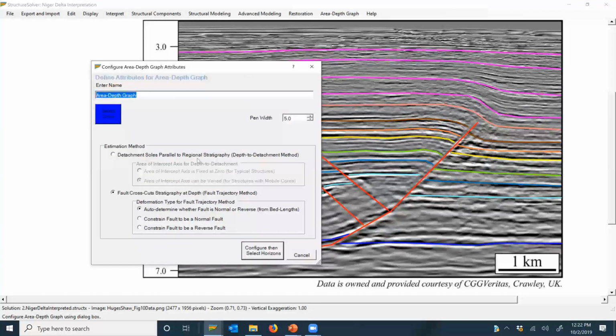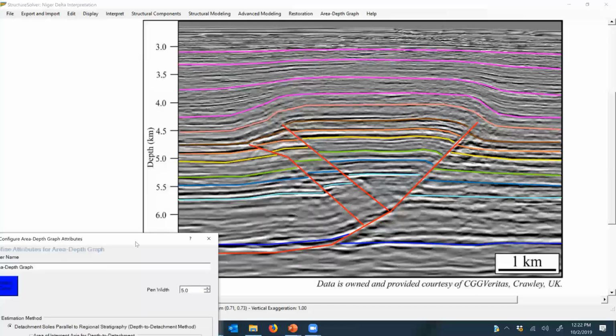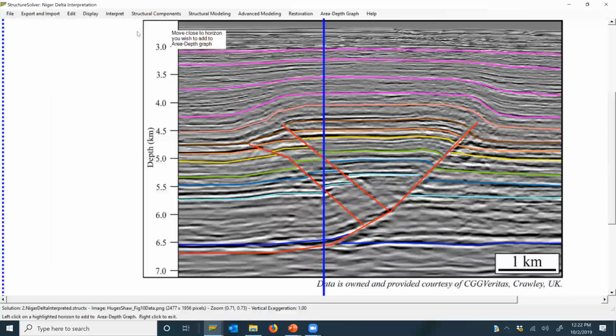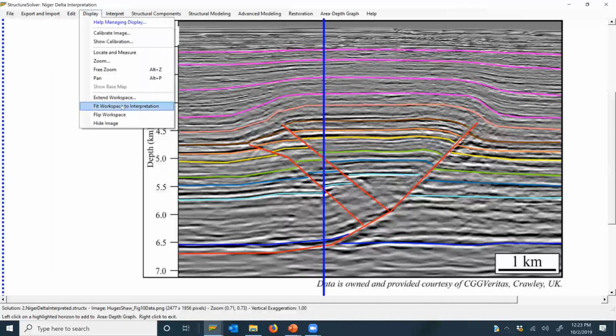In this case, we'll use the flat detachment method, because the key defining observation about whether or not you should use one versus the other depends on whether there's any depth difference between the footwall and the distal hanging wall.